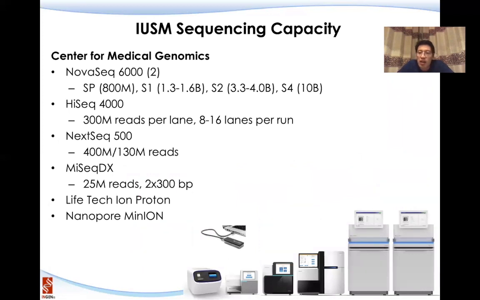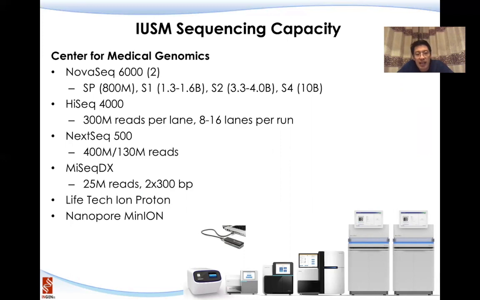This is the whole fleet of our sequencing capacity. As you can see, this is quite a lot of sequencers. We have 2 NovaSeq 6000 platforms, and they have several different running modes, from the smallest chip that can give you about 800 million reads in one single instrument run, all the way to 10 billion reads.